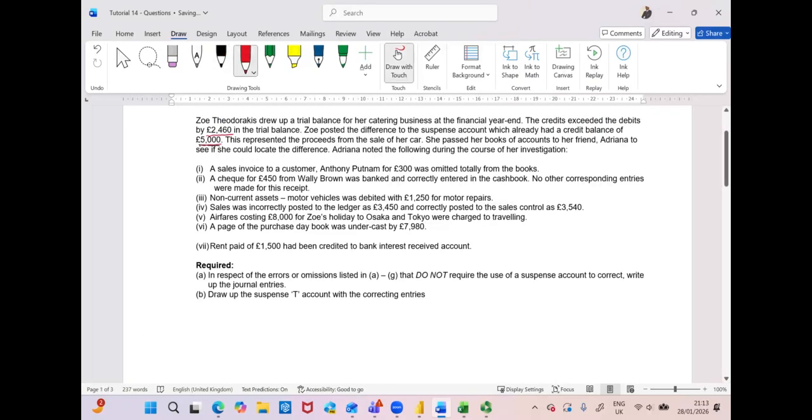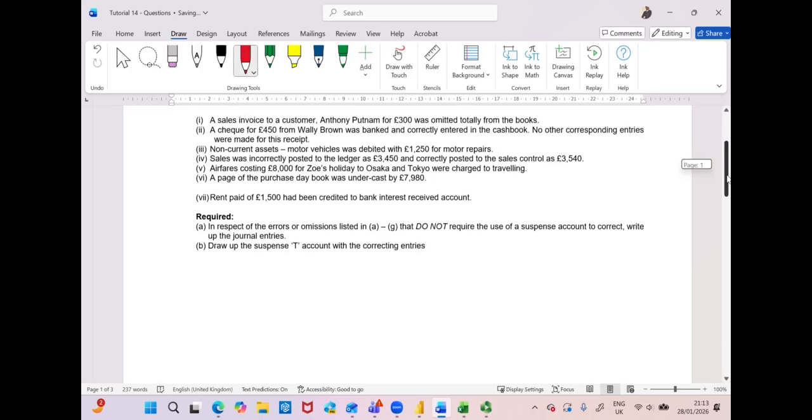Then it says she passed her books of accounts to her friend, Adriana, to see if she could locate the difference. Adriana noted the following during the course of her investigation. Now, the first thing is, this £5,000 is an opening balance already sitting in the suspense account, so we need to adjust that.